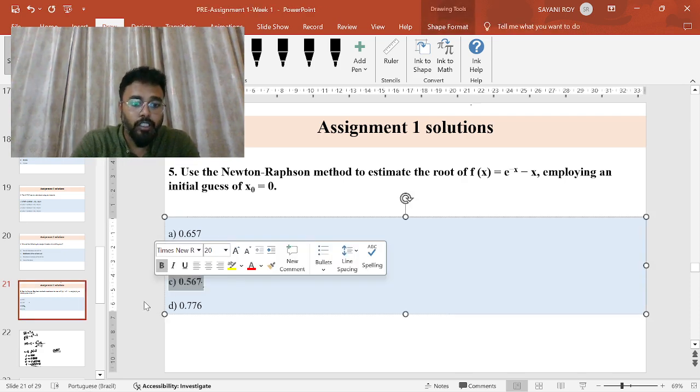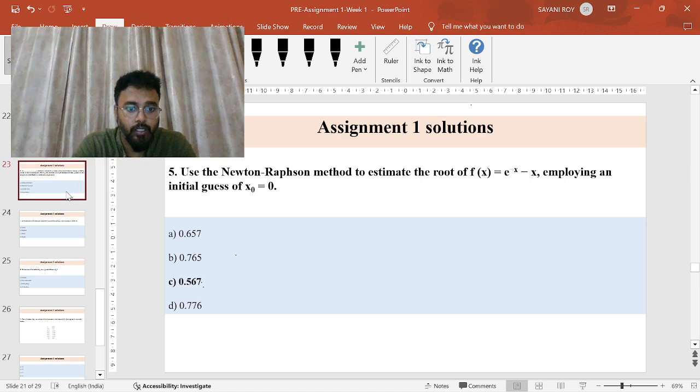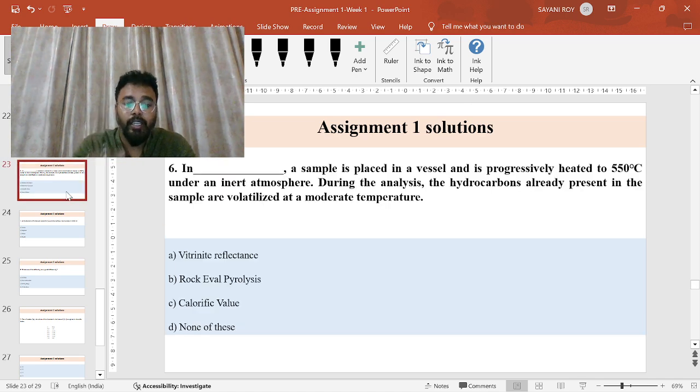Okay, so option C, 0.567. Next, let me go to the next question. In blank, a sample is placed in a vessel and is progressively heated to 550 degrees Celsius under an inert atmosphere. During the analysis, the hydrocarbons already present in the sample are volatilized at a moderate temperature.